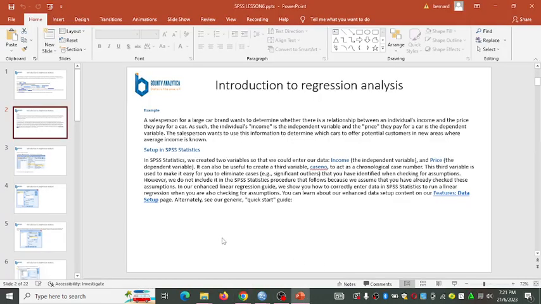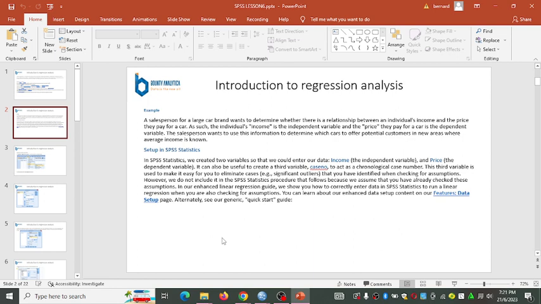Let's continue. So this salesperson for a large car brand wants to determine whether there is a relationship between an individual's income and the price they pay for a car. As such, the individual's income is the independent variable, and the price they pay for a car is the dependent variable.